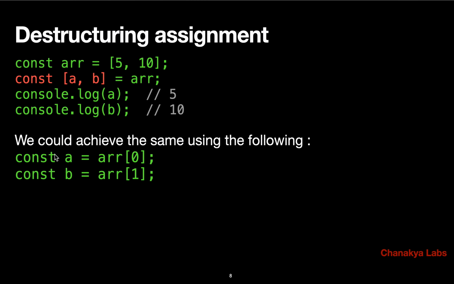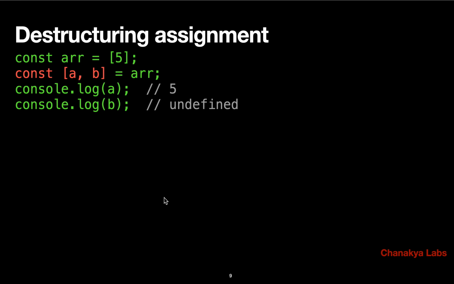Even if we don't know this syntax, we could achieve the same thing by directly assigning these values. But if you know this syntax, it is much shorter. Next, we already said that if you don't have a sufficient number of values in the array for the variables you are trying to capture in destructuring, then the remaining variables will simply be undefined.